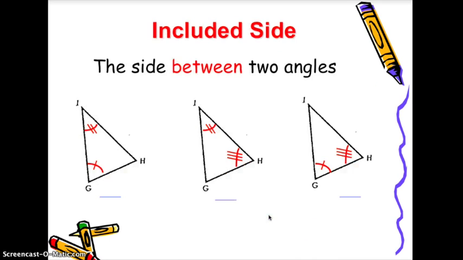So what would the included side be for this first triangle here? Well, it's the side that connects angle G to angle I. So the side that touches both G and I is GI. And the side that connects the H to the I, the included side here would be IH, or HI. And the included side between G and H would be GH.